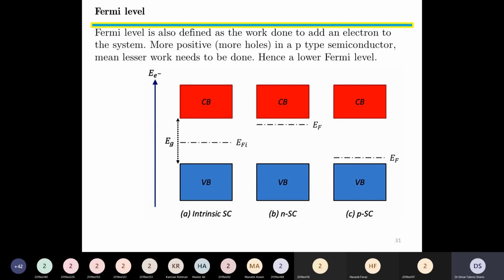तो in other words ये Fermi level हमें क्या बताता है? Fermi level is also defined as work done to add an electron to the system. More positive, यानी more holes in p-type semiconductor, meaning less work done. Lesser work needs to be done, hence a lower Fermi level.